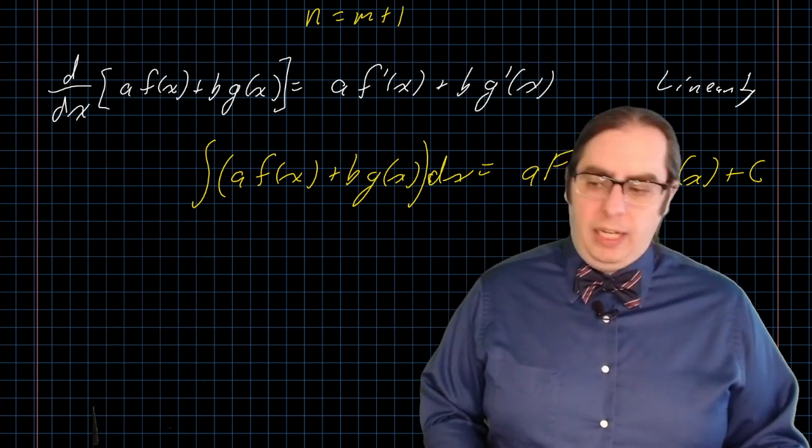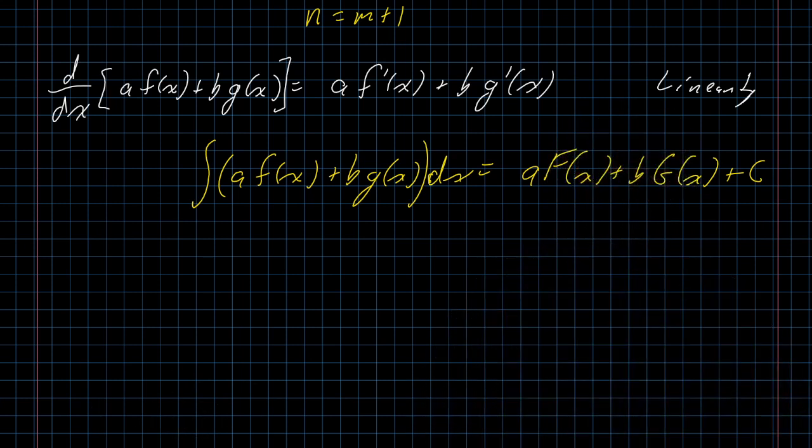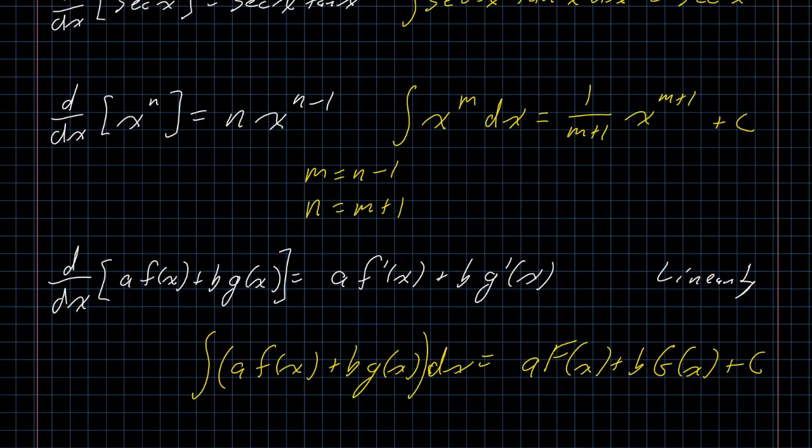Before I go on and look at an example, though, I want to scroll back up and look at the power rule, because there actually is a bit of a problem here. If m is -1, the power rule fails, because you'll have 1 over 0.